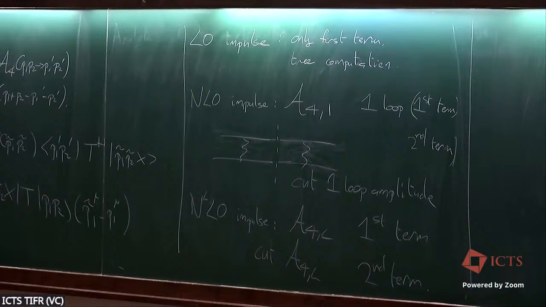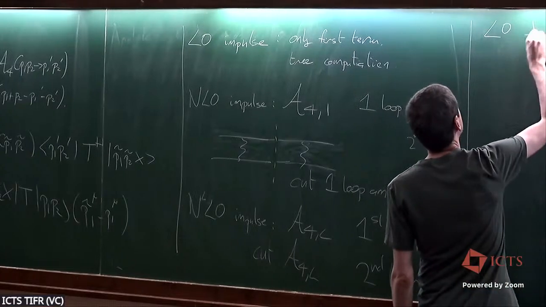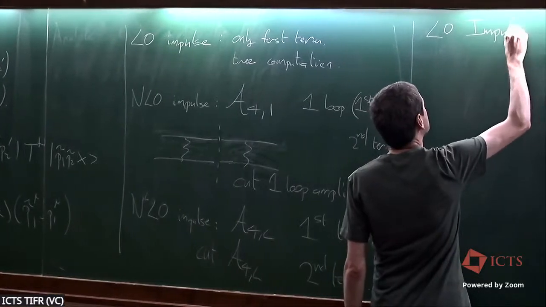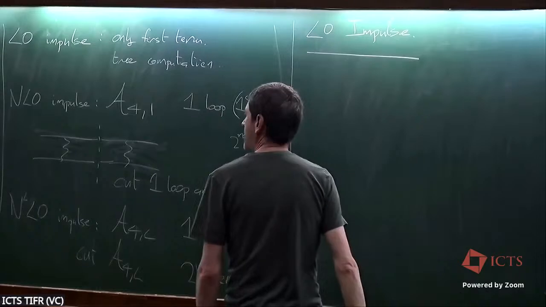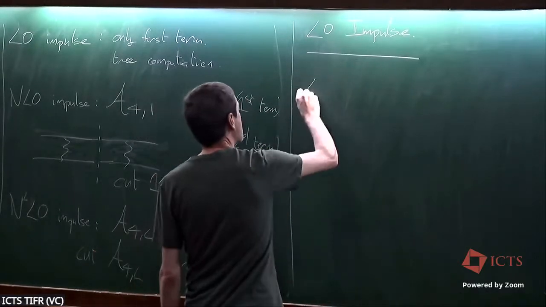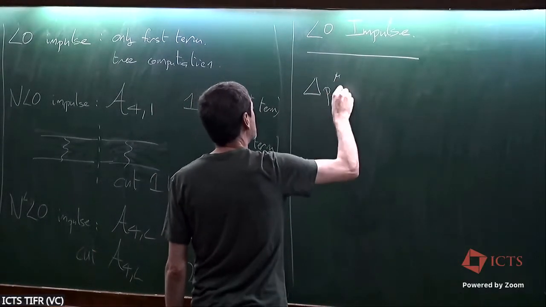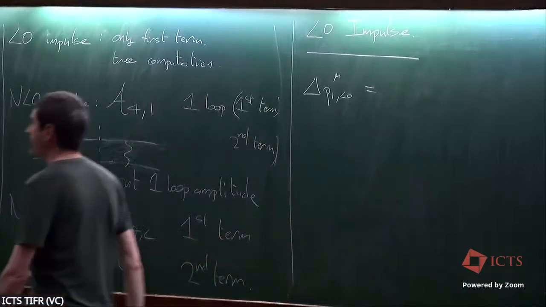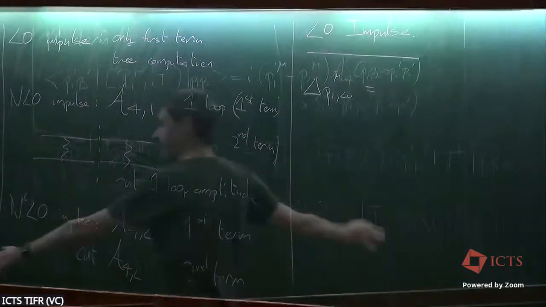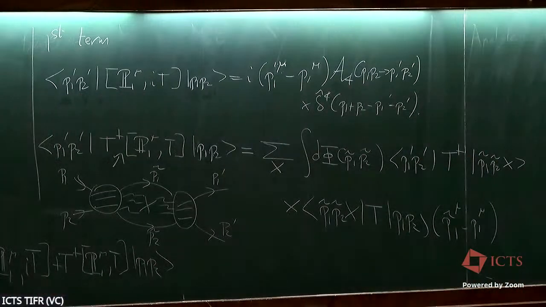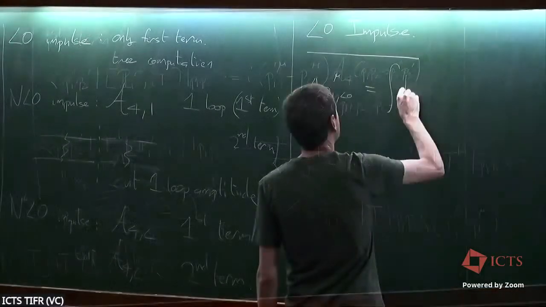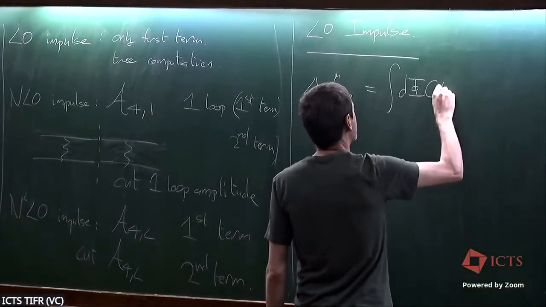All right, so what I want to do now is focus on the leading order impulse. At leading order, delta P1 mu. So let's assemble what we have here. I have still quite a bunch of integrals to do.